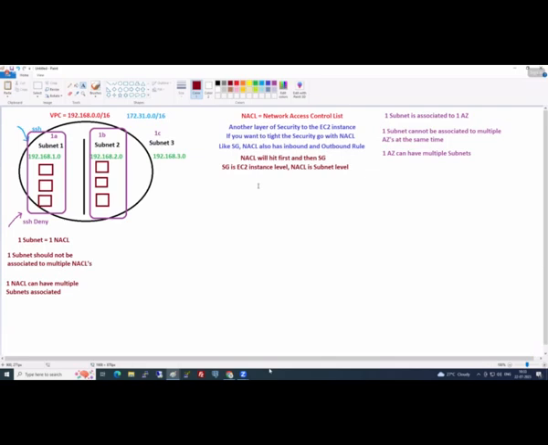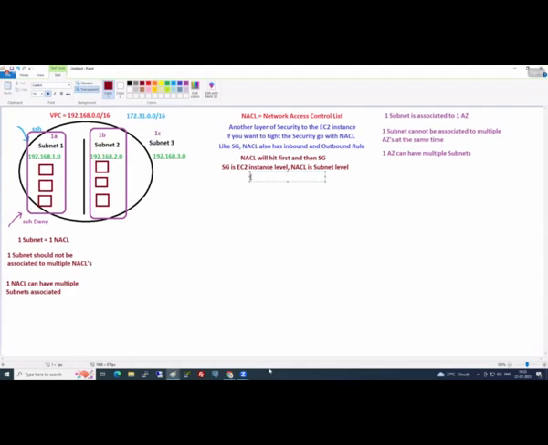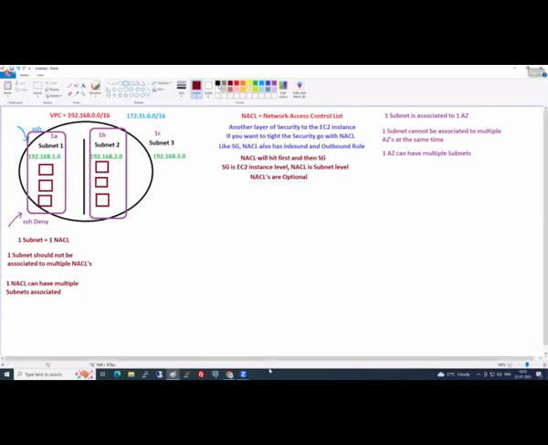If the main door got locked, they'd talk about the main door. But the main door is open. That's why they go to the individual bedrooms and talk about the keys, the security groups. Got it? Super. So are these NACLs mandatory or optional? Optional. NACLs are optional.